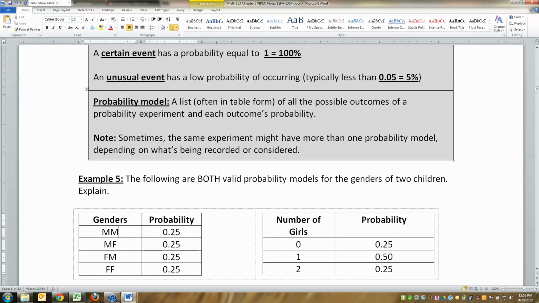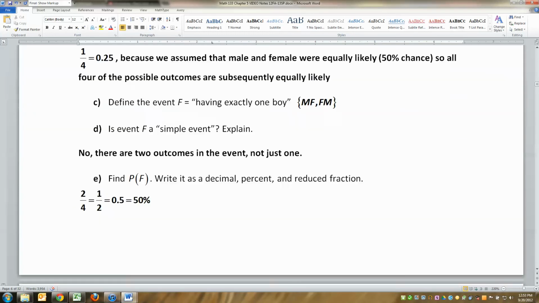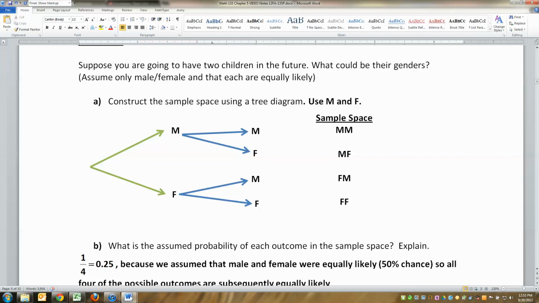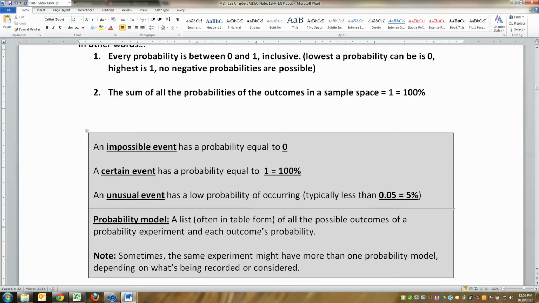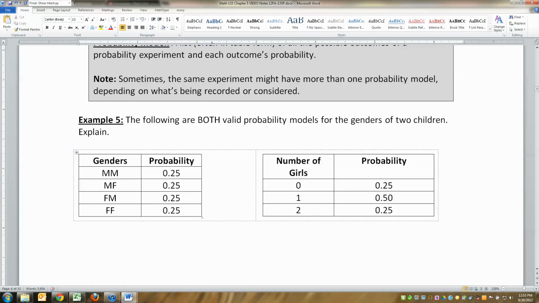Okay, so I want you also to notice that sometimes you can have the same experiment, but you can have more than one probability model depending on what you are interested in. So, for example, I have 2 probability models here, and they're both for what we just did with the male, female, male, male, that thing. I want you to see that both of them are completely valid. Why? Well, the one on the left, I think I'm going to put it in table form. Hold on one second.